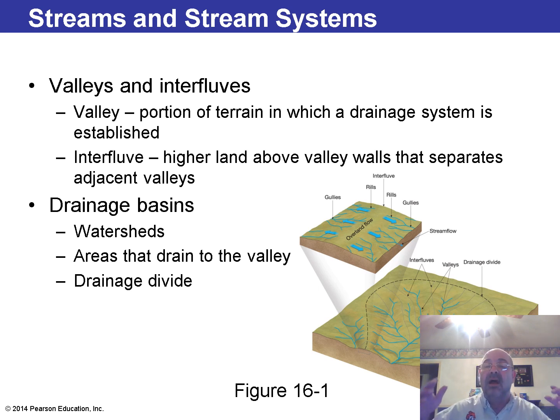Same thing. It's basically a drainage basin, just on a grander scale, okay? Areas that drain to the valley. So all these drainage basins, all the water goes into that particular watershed. And again, your drainage divide, interfluve, continental divide, depends on the grand scale of it all, okay?